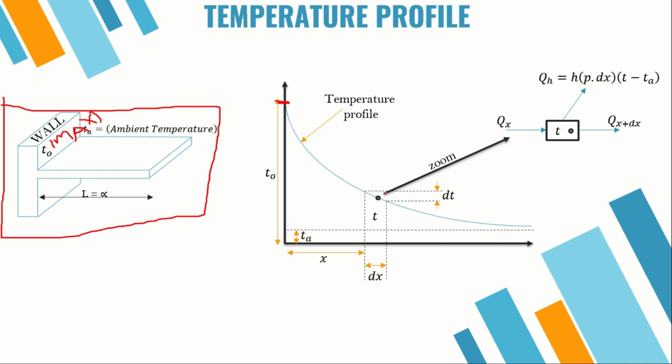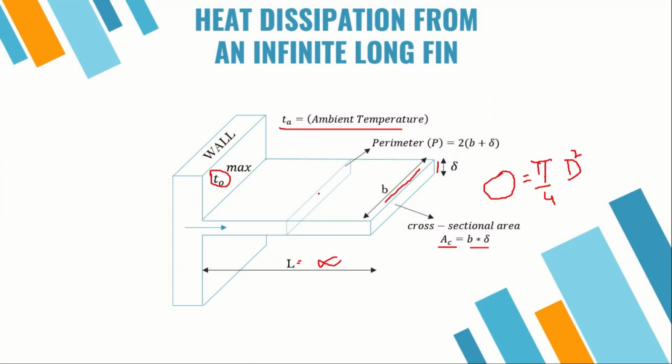So now I will be assuming a small point here. That point would be at a distance of x. Let us consider this point as x, moving from here to here.